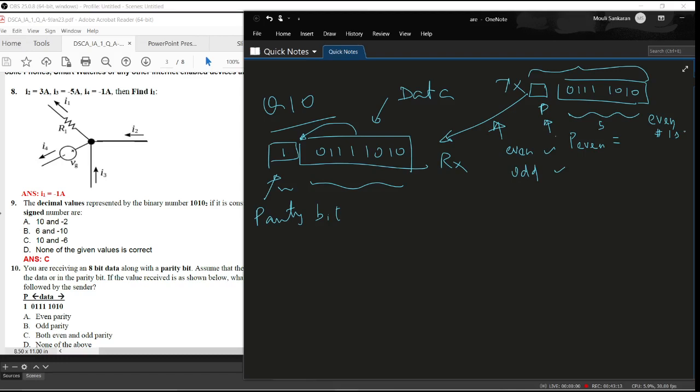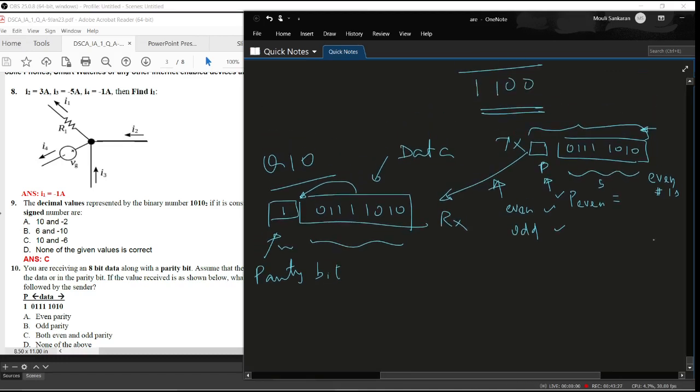But if I choose to follow an even parity system, then along with the data and the parity bit value, I need to have an even number of ones, because the sender knows the correct data value and the number of ones in it, and then it can generate even or odd parity. The value for the parity bit can be chosen based on what the sender decides. Along with the parity bit, the pattern should have an even number of ones.